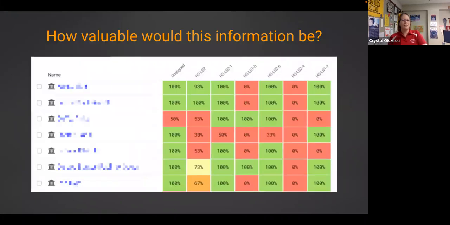Another way to look at the data is by each student. So this is an example of a class list. Again, you have your curriculum standards across the top, and you have the percentages that each student got. So you can see exactly where that student struggled. Third line down here, the student in the middle got 100% on these 3 standards, but obviously LS24 and LS17, they didn't get correct at all.